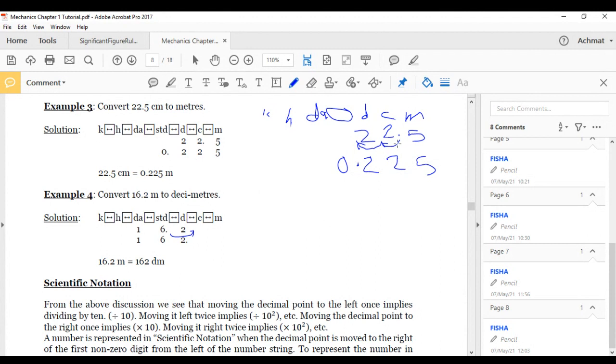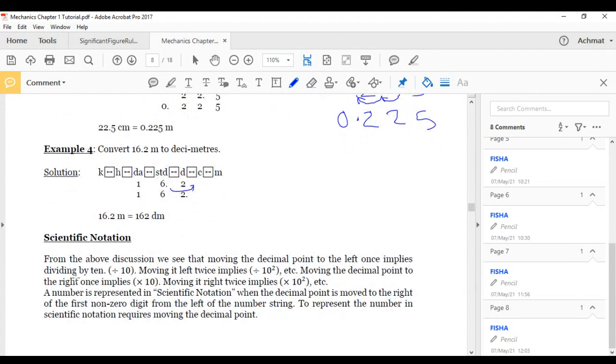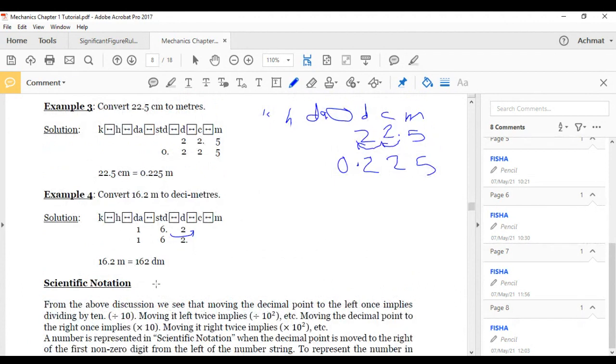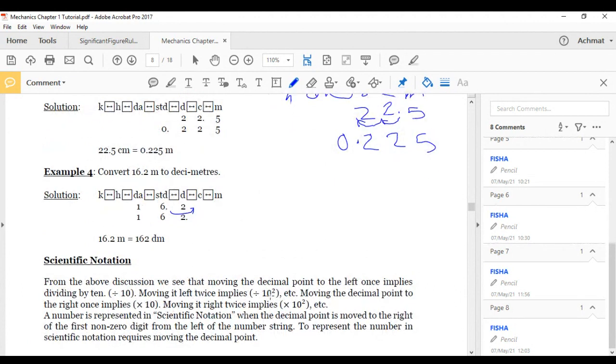Now remember, in terms of mathematics, if I were to shift the comma to the left, effectively it means that you actually divide by 10. If you shift it to the left twice, then you divide by 10 squared, or divide by 100.